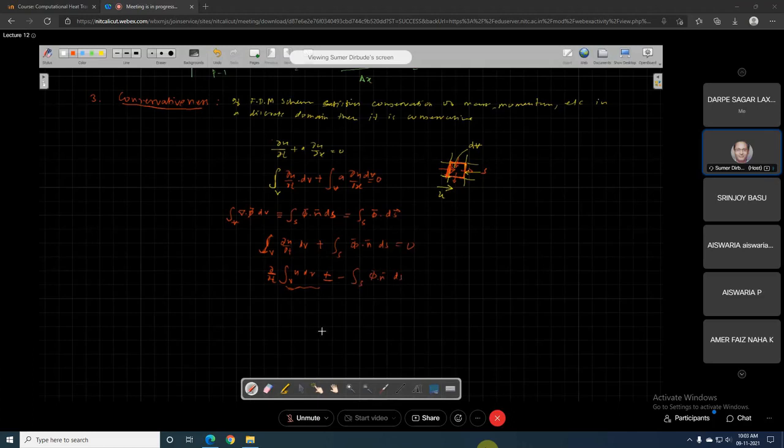In this sense, we want a finite difference expression to satisfy conservativeness.